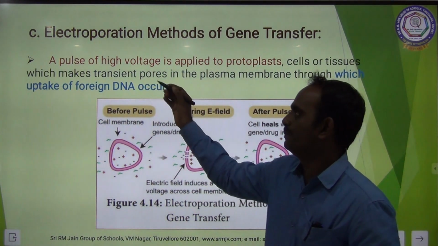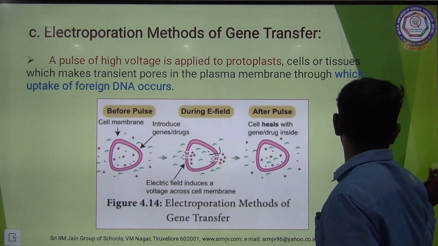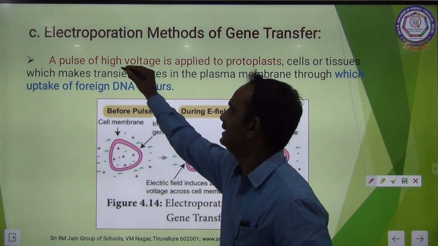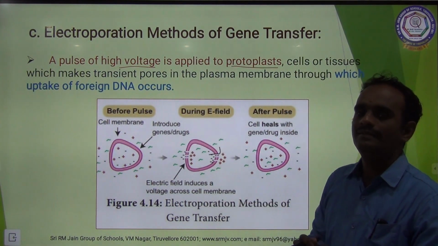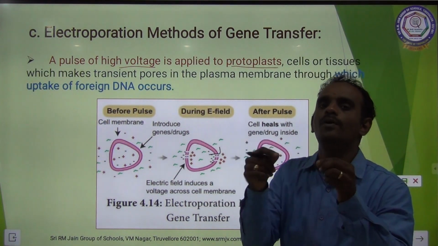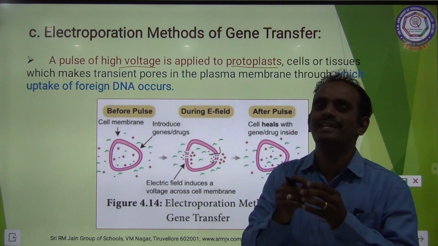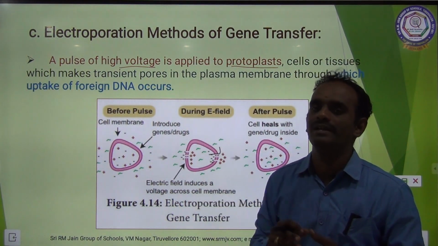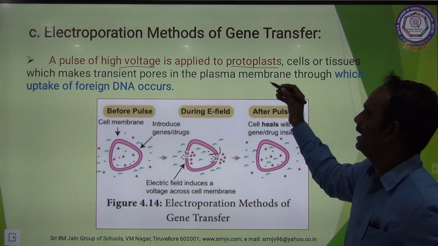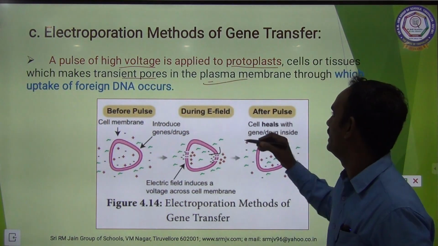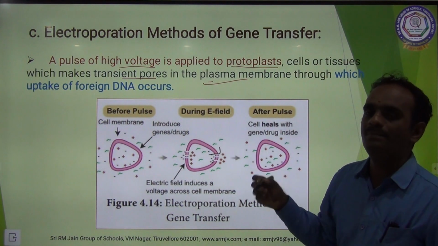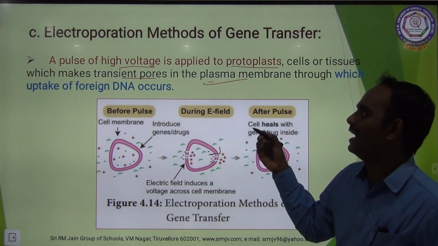See here, a pulse of high voltage, meaning high current, is applied to the protoplast. What will happen? Small pores are created in the plasma membrane, which makes transient pores in the protoplast membrane through which uptake of foreign DNA occurs.